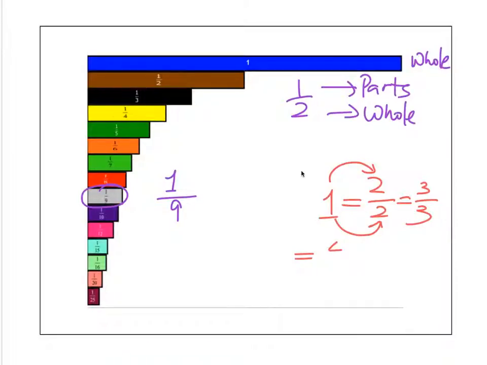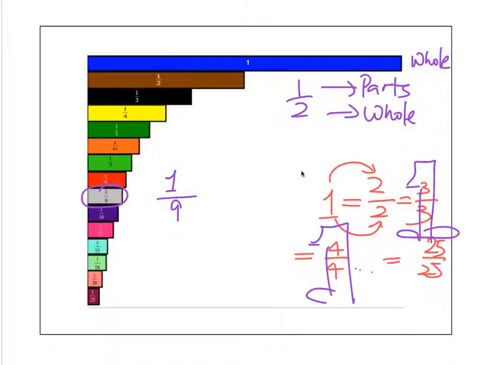Same thing with 4/4. And same thing with 25/25. Whatever the numbers are, as long as the numerator and the denominator equal each other, it represents a ginormous 1. When the numerator and the denominator are the same, it's 1. Okay?